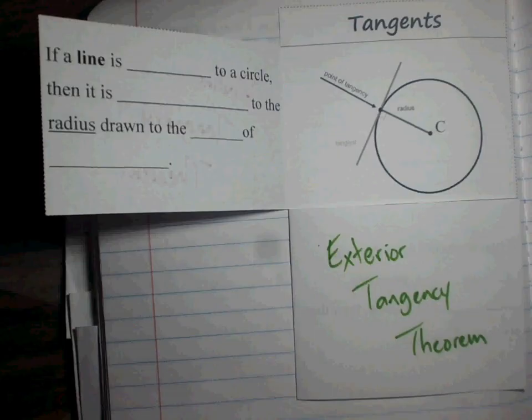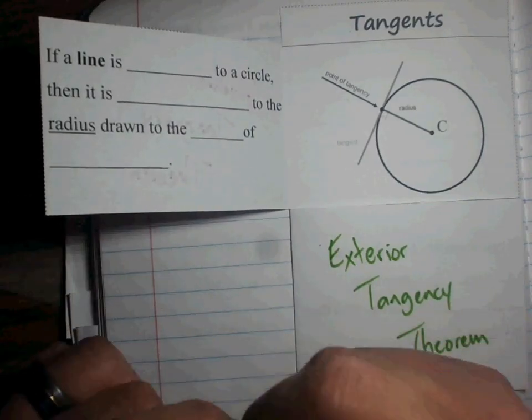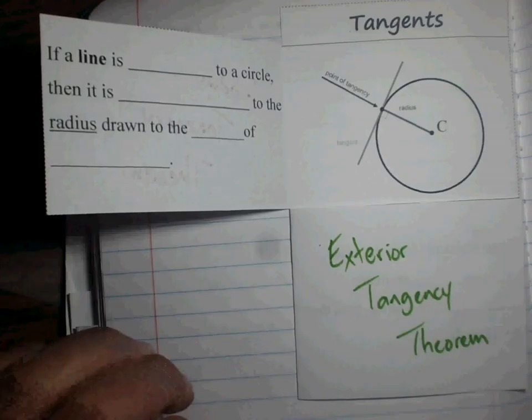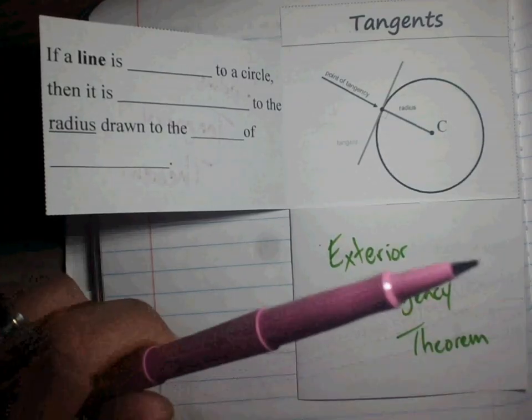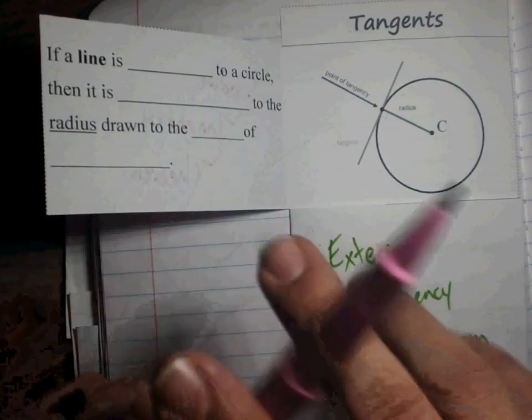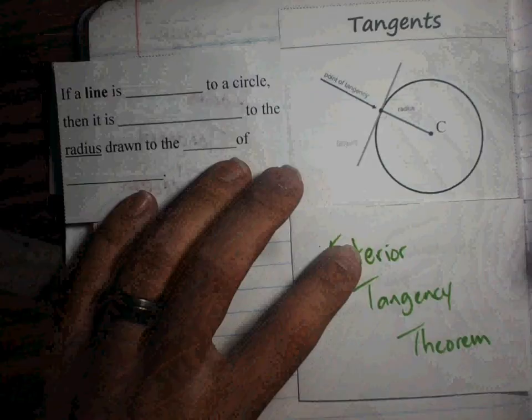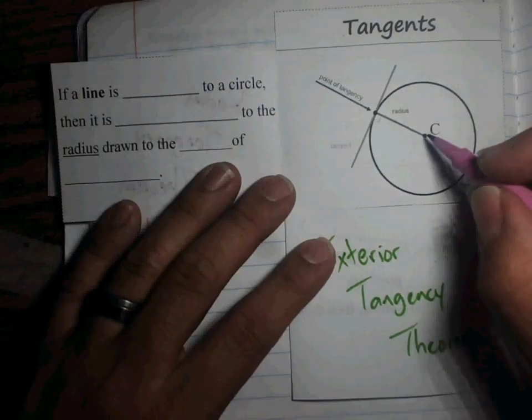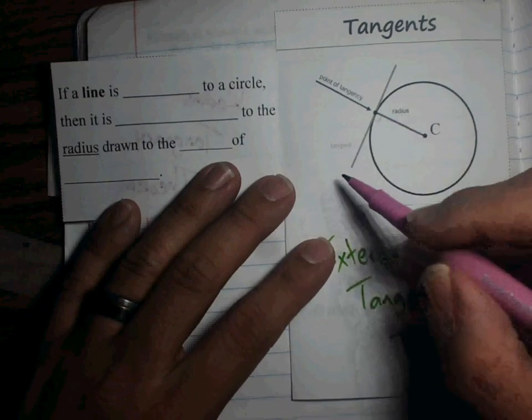All right, let's just get into this instead. What we're looking at here is a circle C, because again C is the center, and we have this line that's skimming it. So this is the tangent line, a line that's tangent to the circle.